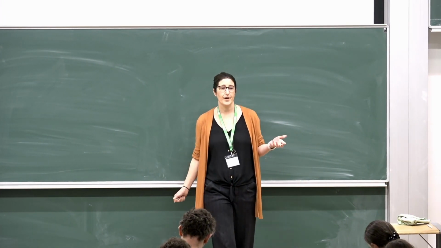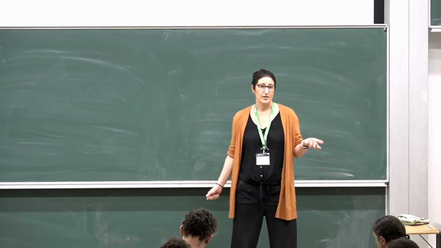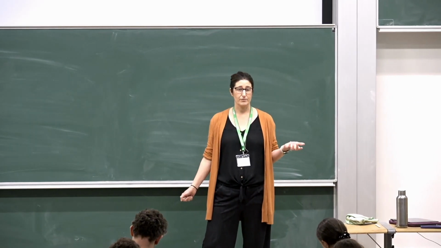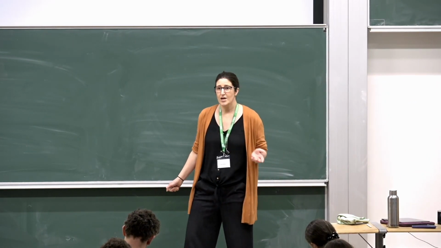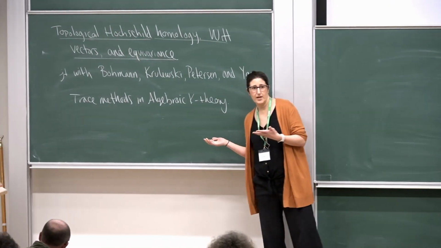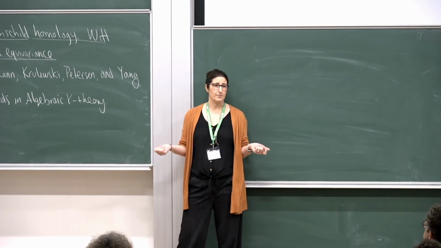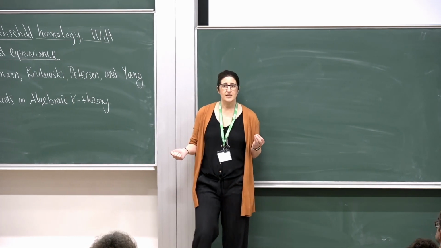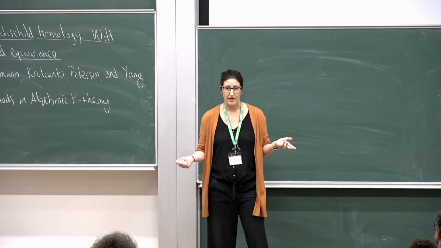So we heard from Mona about how K-theory connects, for instance, to diffeomorphisms of manifolds through things like the S-cobordism theorem. So algebraic K-theory is an invariant of rings that we're very interested in computing, but it's notoriously difficult to compute. So trace methods is an approach to try to compute algebraic K-theory.